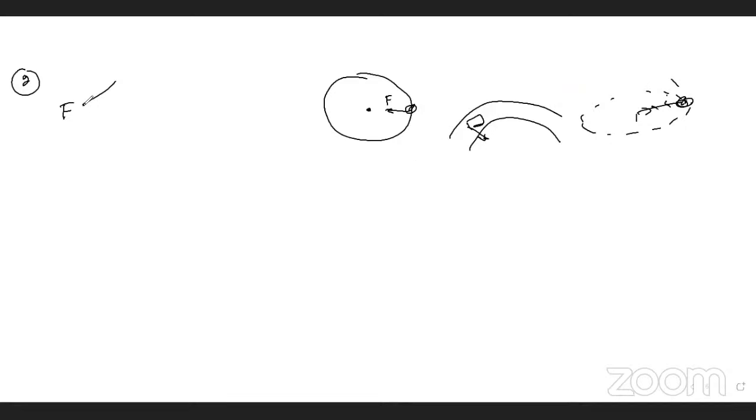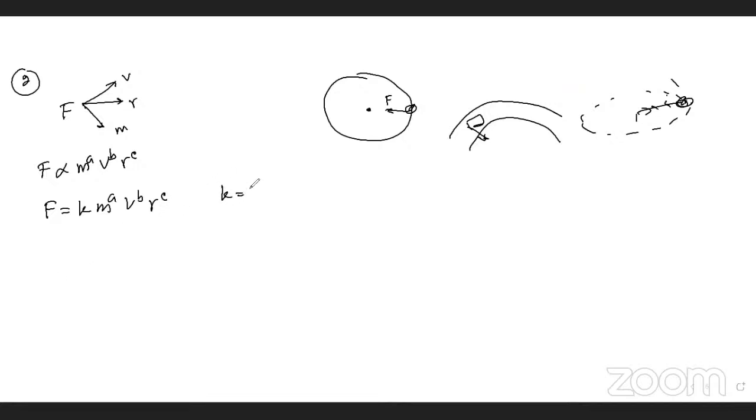So this centripetal force depends on the velocity, radius, and mass. You can write that F is proportional to mass to the power a, velocity to the power b, and radius to the power c. Then you can write F equals k m to the a, v to the b, and r to the c. k is a dimensionless constant.